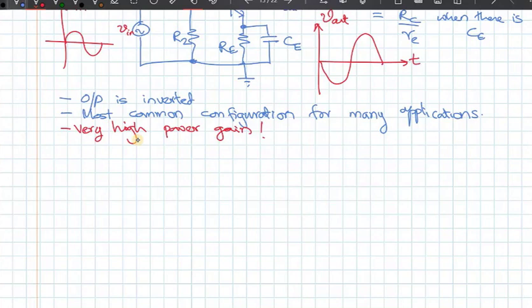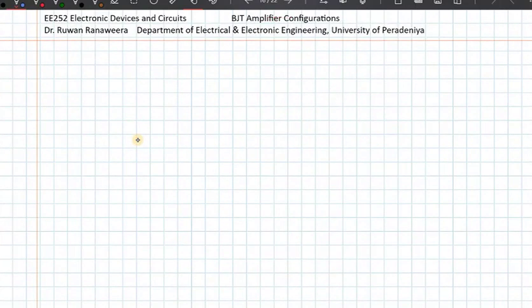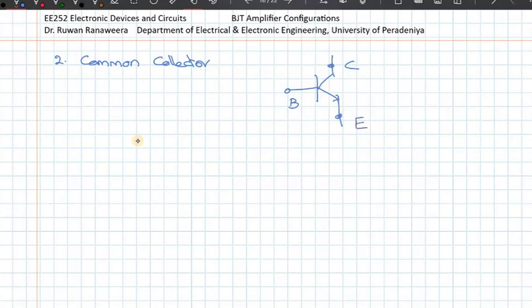The second amplifier configuration that I'm going to talk about is the common collector amplifier. Number two is the common collector amplifier, CC. Now in this case, input is the base, output is the emitter.